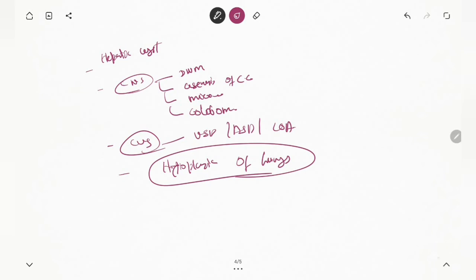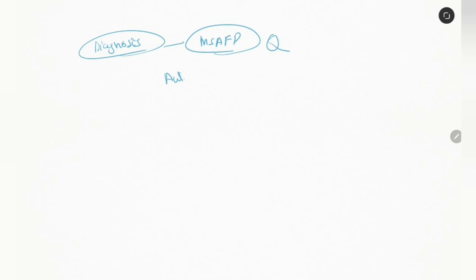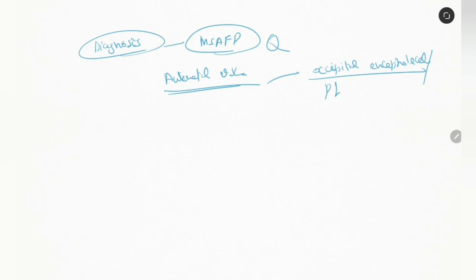Moving on to diagnosis, it can be made by estimation of maternal serum alpha fetoprotein, or you can do antenatal ultrasound, which I showed earlier. They can pick up the occipital encephalocele or the polycystic kidney.